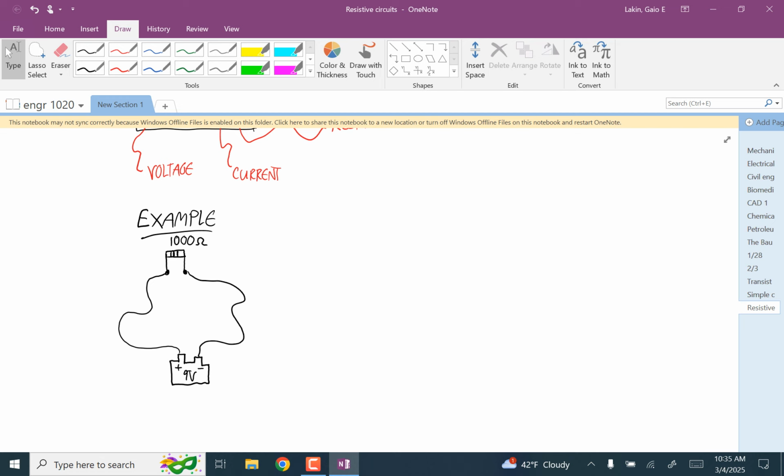Okay, so if this is your circuit, let's figure out what the current is through this circuit.